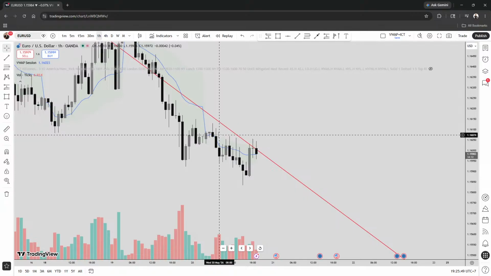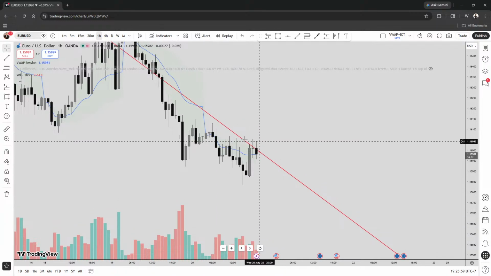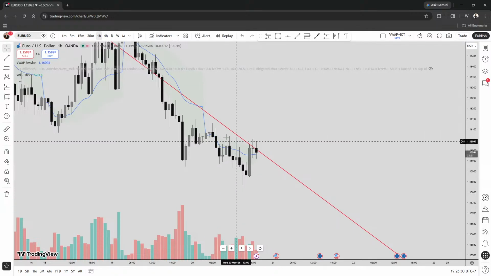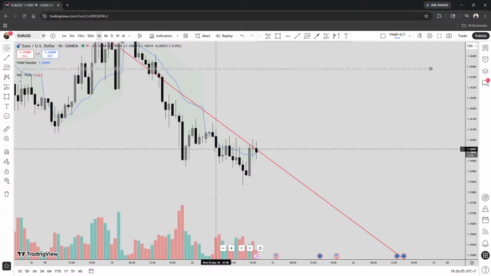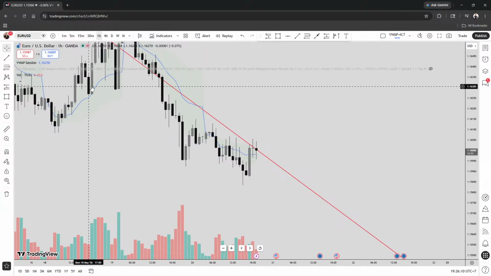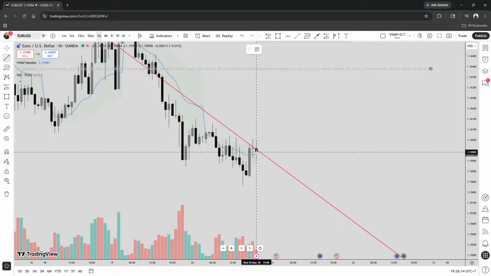So it gives us information that there will be strong rejection to the downside, because the shadow is already on the upside of these candles. So our assumption is the price is pressed to the downside.